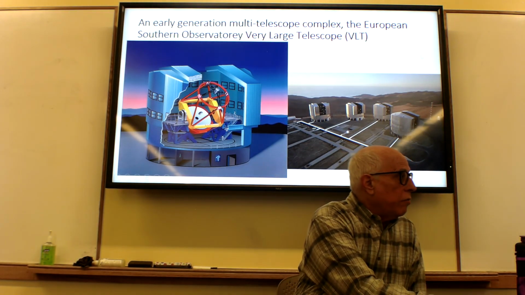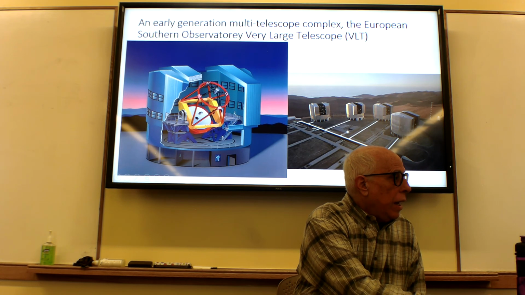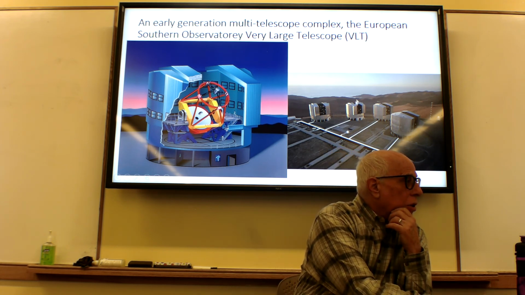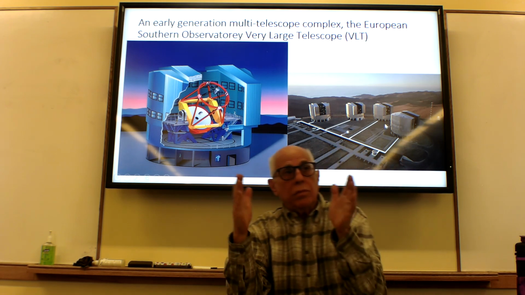This is the Very Large Telescope, a product of the European Southern Observatory. Oh, a typo, sorry. And the VLT is interesting because it has 4 identical 8-meter telescopes. Here they are. Each one of these is the size of this building. And out there somewhere, this is Chile, out there somewhere is the ocean. Literally, Chile is that narrow.